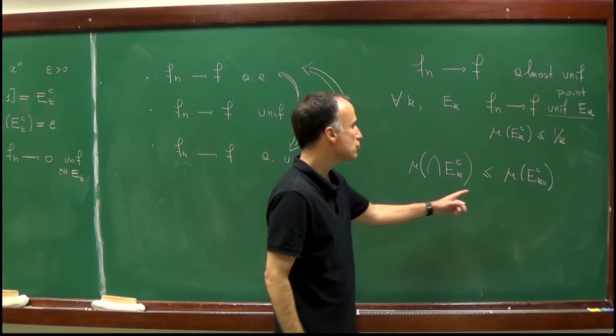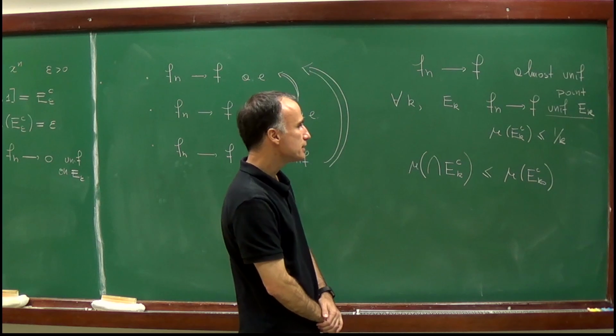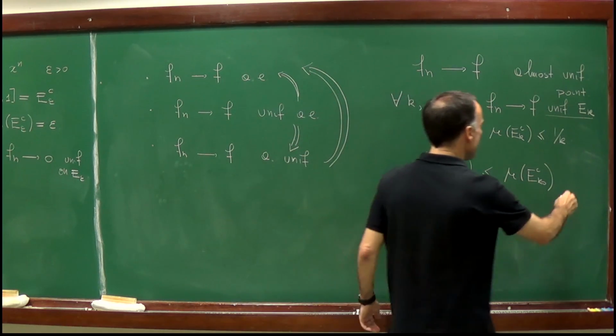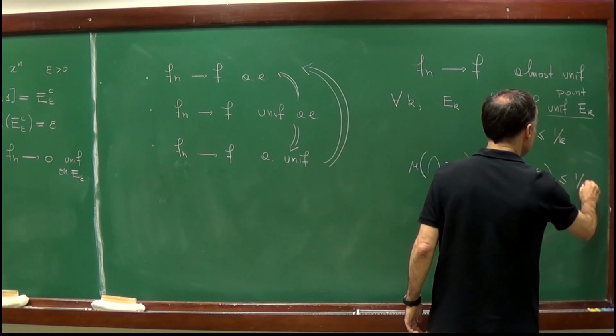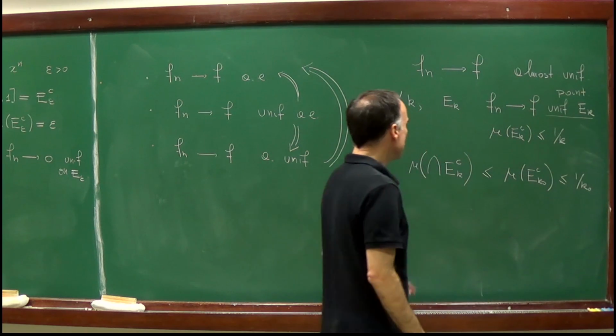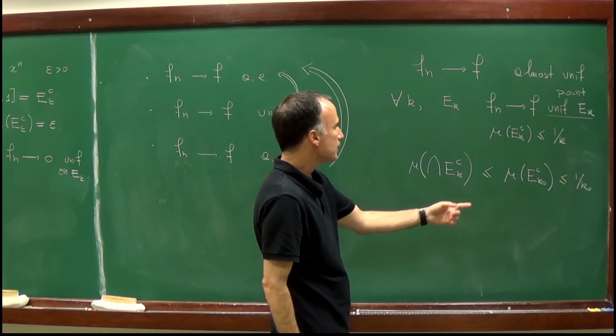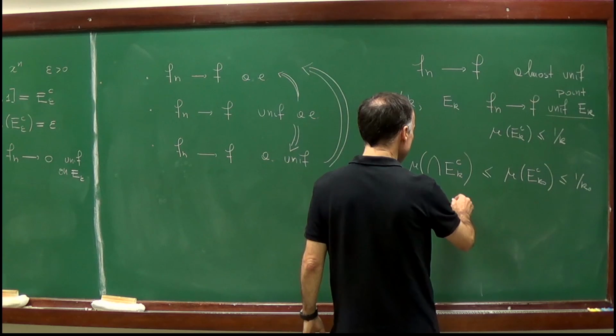So this is true for any k0, and this is bounded by 1 over k0. Since this is true for any k0, this means that the measure of this set is equal to 0.